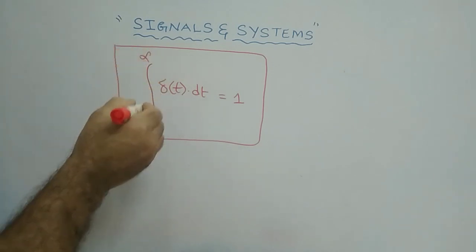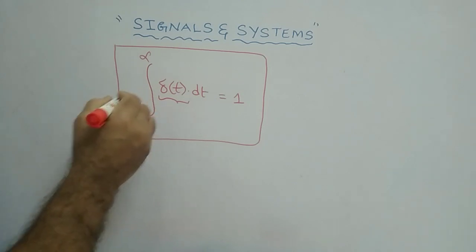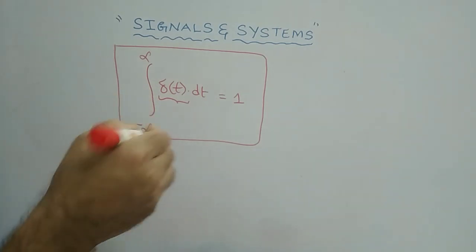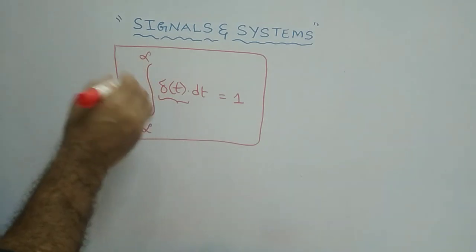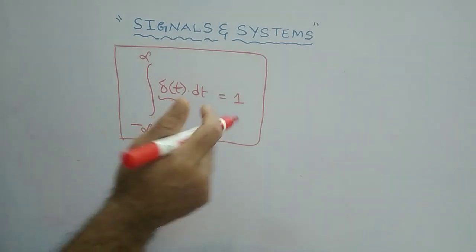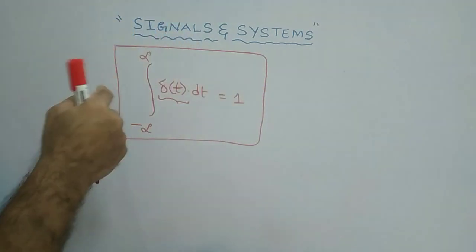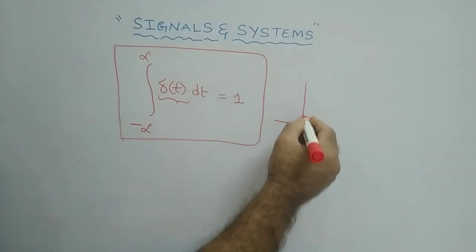So the integral over -infinity to +infinity of delta of t means you are calculating the area. If you take the integration, you are considering the total area under that graph. What is the graph? This graph actually. We have considered this value, no?